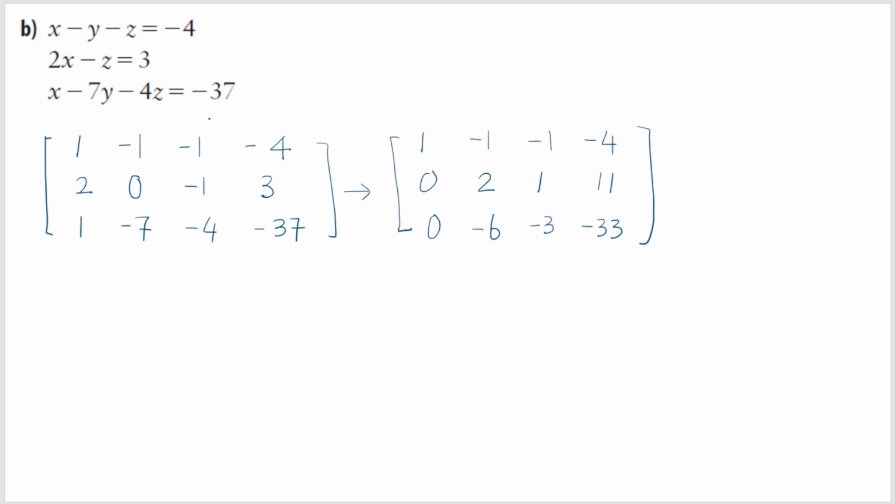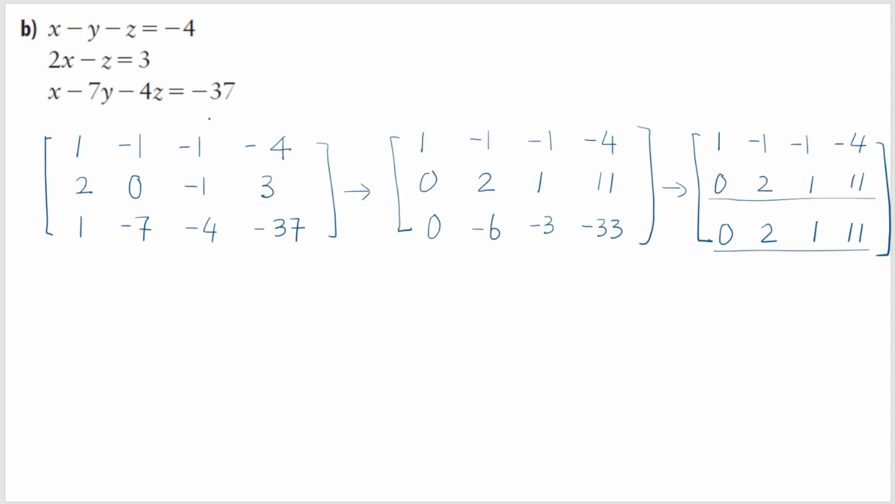Then we can simplify the third row by dividing it by -3. If we divide the third row by -3, we get 0, 2, 1, and 11. As you can see, the second row is actually the same as the third row.